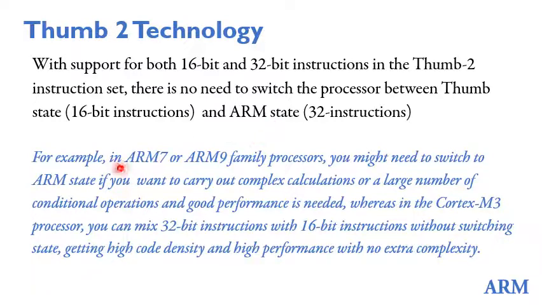For example, in ARM7 or ARM9 family processors, you might need to switch to ARM state if you want to carry out complex calculations or a large number of conditional operations, and good performance is needed. Whereas in the Cortex-M3 processor, you can mix 32-bit instructions with 16-bit instructions without switching state, getting high code density and high performance with no extra complexity.